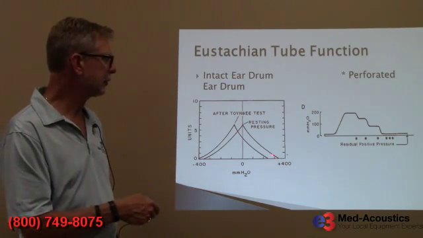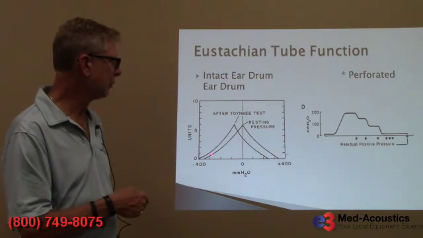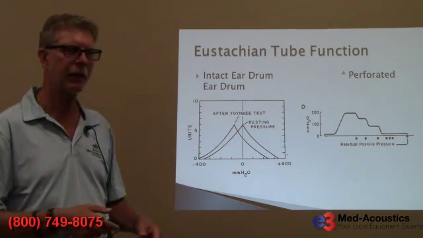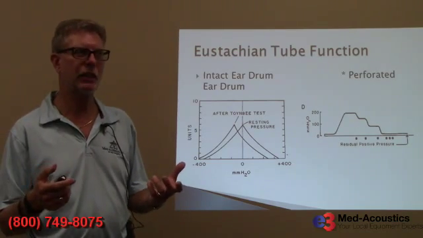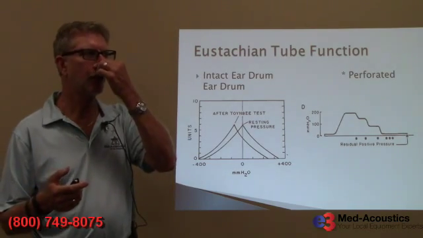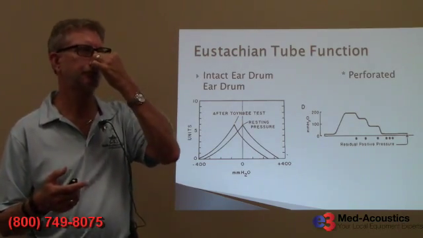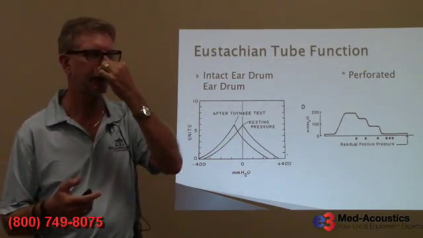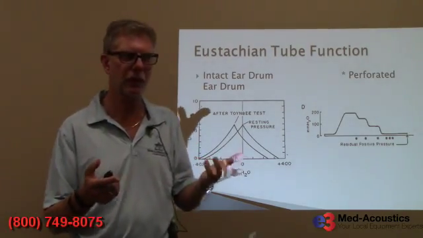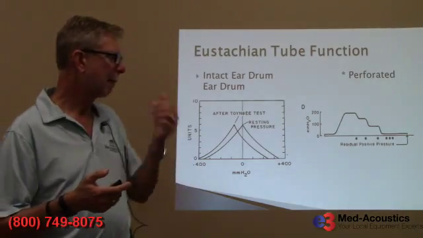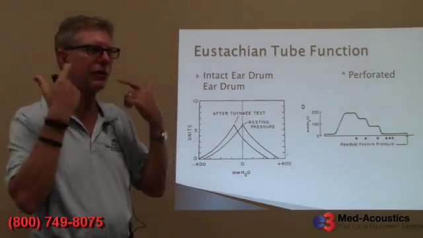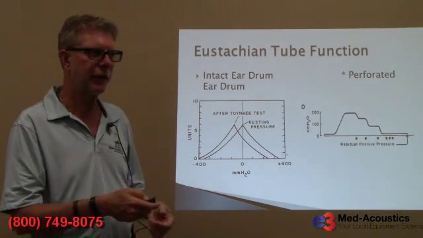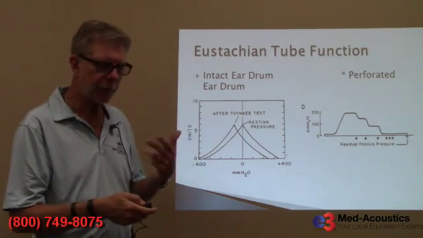On an intact eardrum, a lot of times what I do is try to do a Toynbee. I try to get the patient to blow, hold their nose, and pressurize their ear. This is adult patients, of course. It's not going to work on pediatrics. And so they're actually blowing positive pressure into their middle ear.